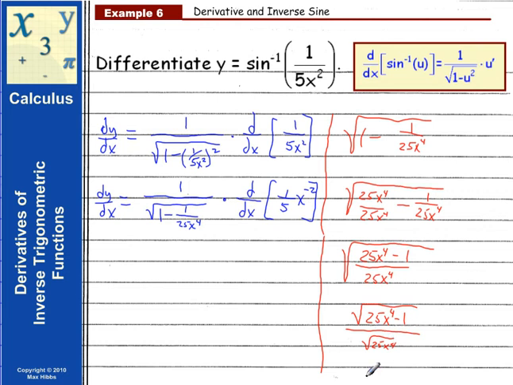And of course, this denominator, the square root, ends up just being 5x squared. So the result is a fraction whose numerator is the square root of 25x to the fourth minus 1, divided by its denominator, which is just 5x squared. So I'm going to put that in this position.